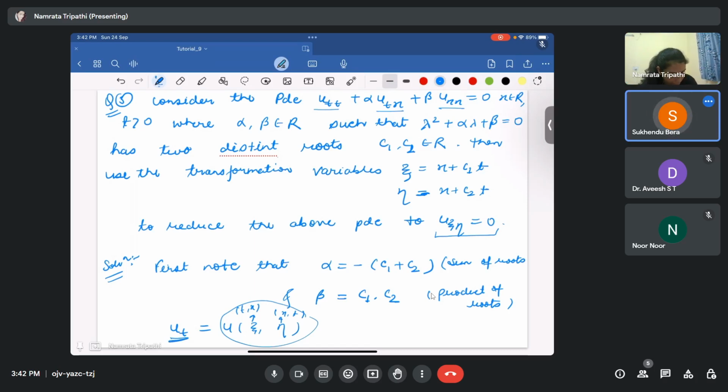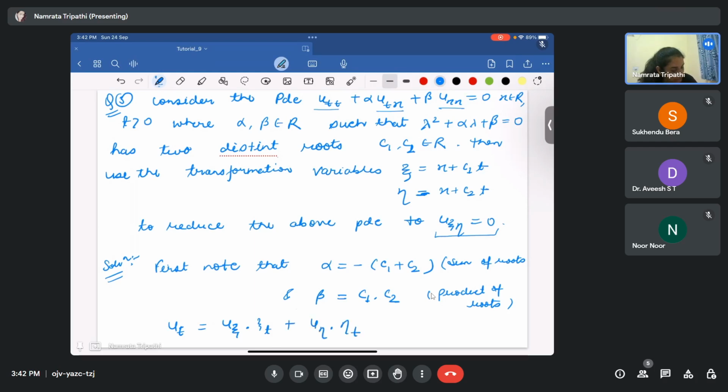U xi xi t plus u eta eta t. Yes. U of t means u of xi and xi of t plus u of eta and eta of t by using chain rule. Fine. Is there any doubt? No, ma'am. Okay.